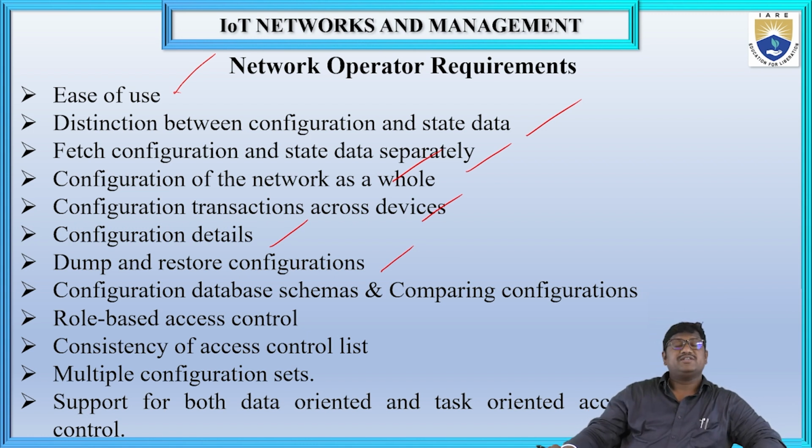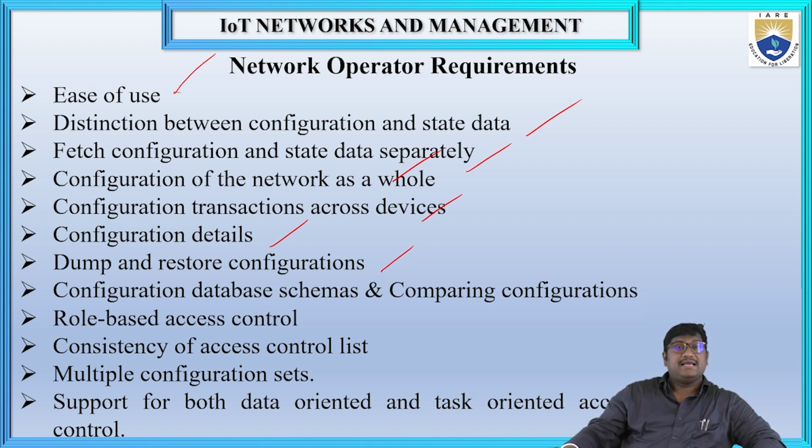Why? Because if you start comparing configurations, one IoT manager will configure in his own way, another IoT manager will configure in his own way. There are two different configurations done by two different IoT managers, and if you compare these two configurations, we are going to get a good one. And configuring the database schemas also will play a major role in these network operator requirements.